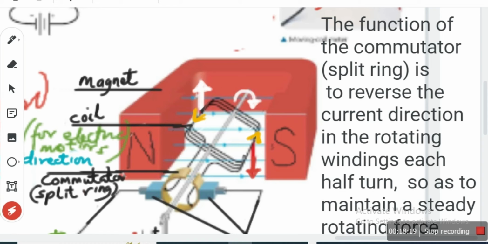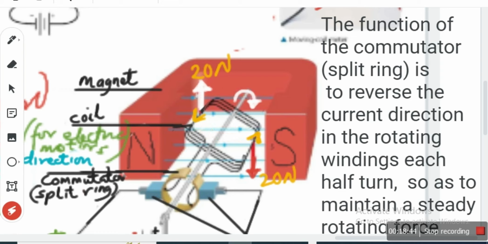For instance, if this one is 20 Newton, it's acting upward, is it not? This one also 20 Newton. They are equal and opposite, isn't it? Acting in opposite directions. One acts upward, the other one acts downward, separated by a distance.